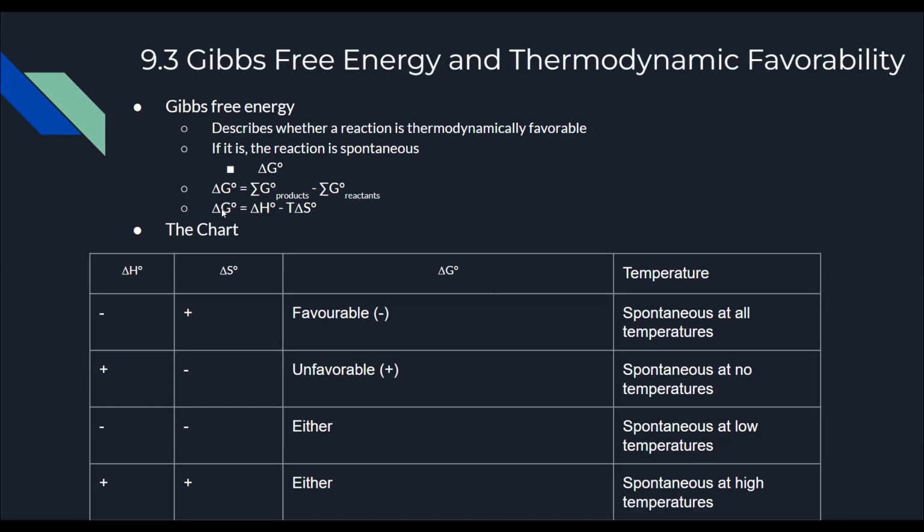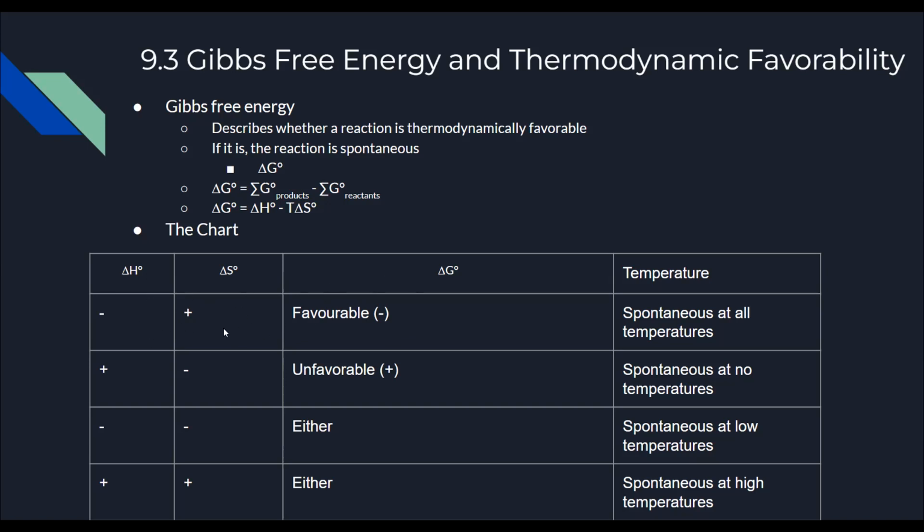Along with that, you have delta G equals delta H minus T delta S. And you have the chart showing the delta H and delta S values and how that relates to delta G being favorable or unfavorable. The most favorable is when delta H is negative and delta S is positive, as both are favorable.